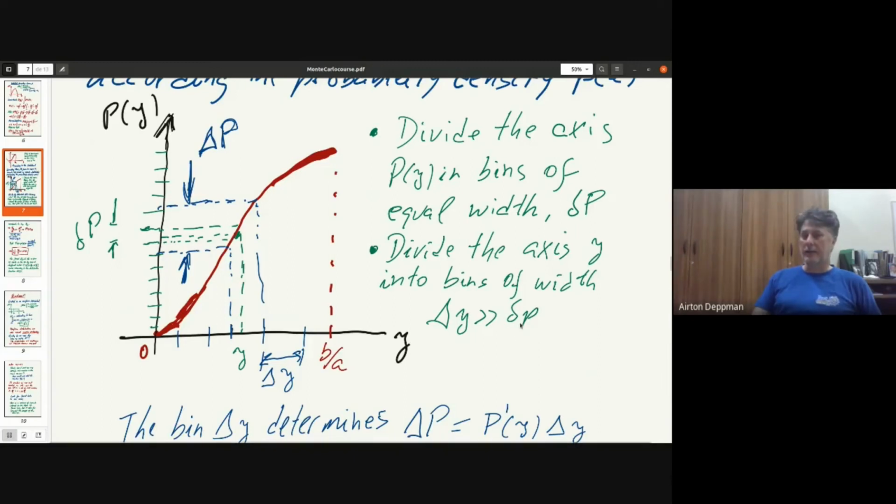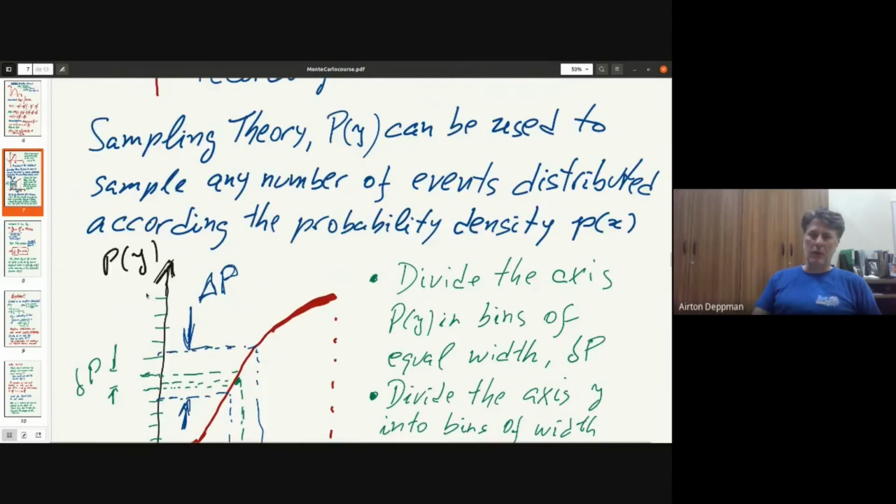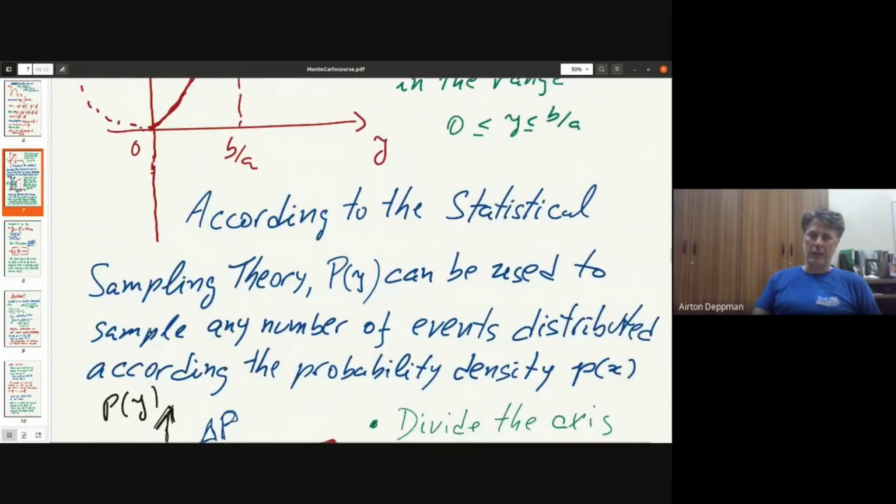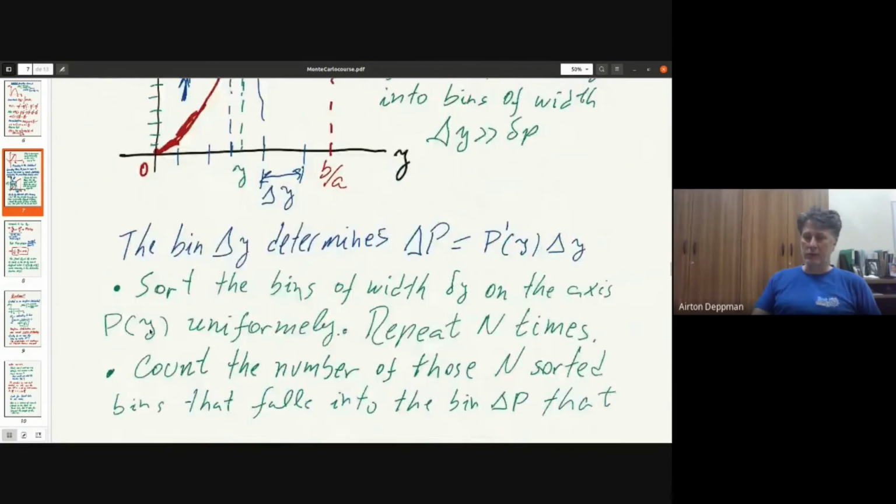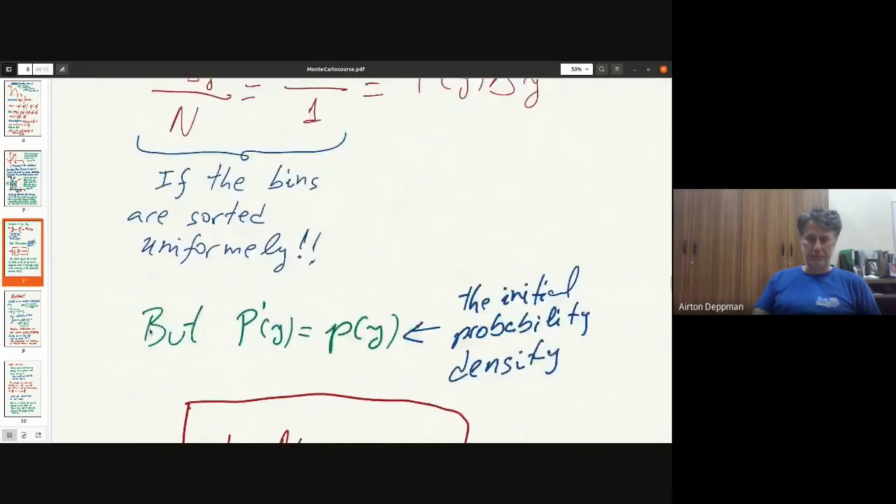And the width of the set that we are choosing will limit somehow the precision that we will have in delta y, and therefore in the reproduction of the probability distribution.